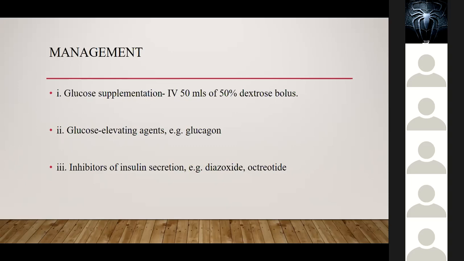Usually we don't do it routinely. Even in hypoglycemia, you don't routinely measure your insulin level, except in a case where you clearly know that this patient is not diabetic, is not taking any form of insulin, but persistently experiences hypoglycemia.